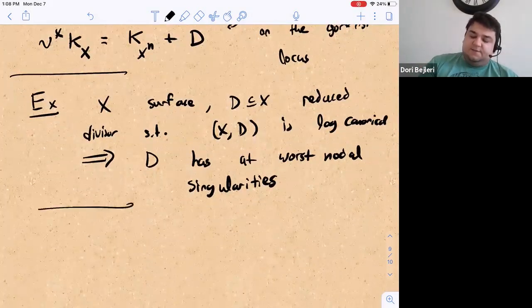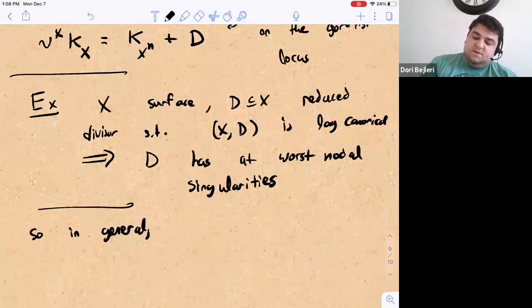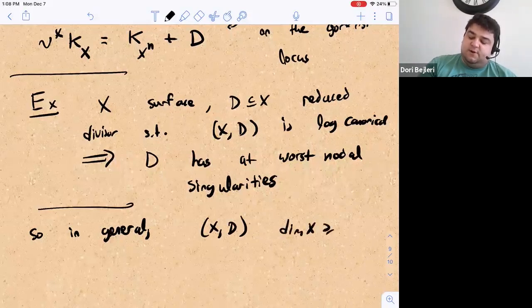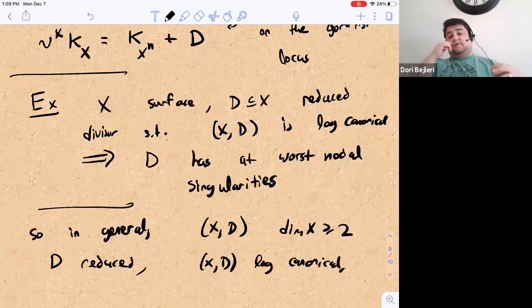But now if we look at the general case, if we have (X, D) where the dimension of X is greater than or equal to 2 with D reduced, and (X, D) log canonical, then we can localize at the codimension 2 points of X and reduce to the surface case.